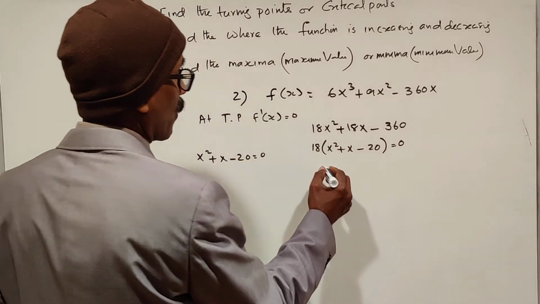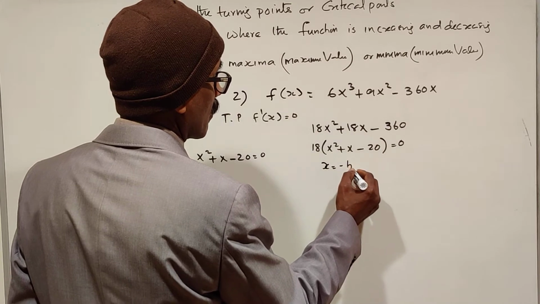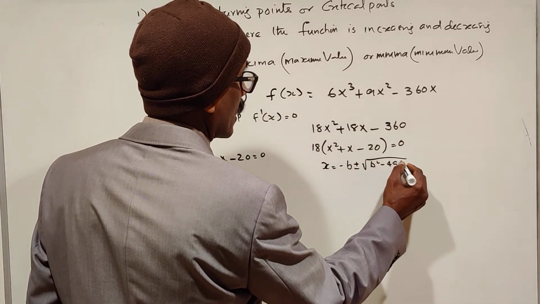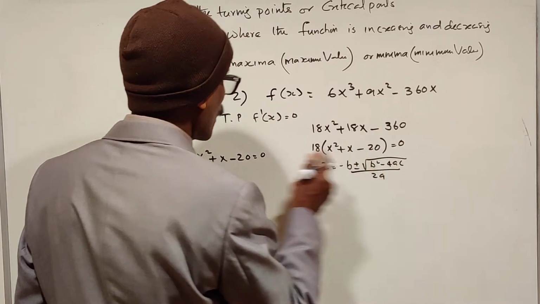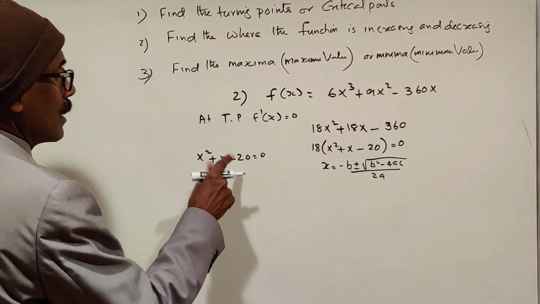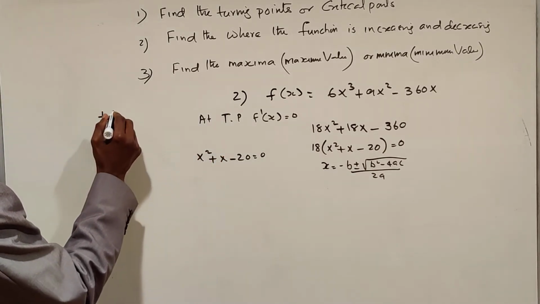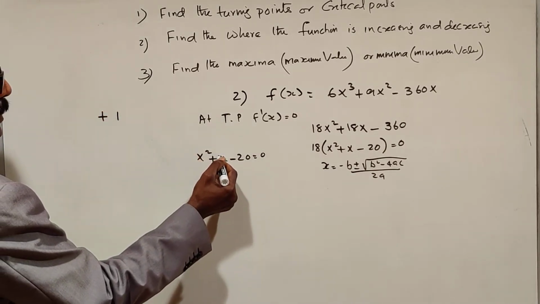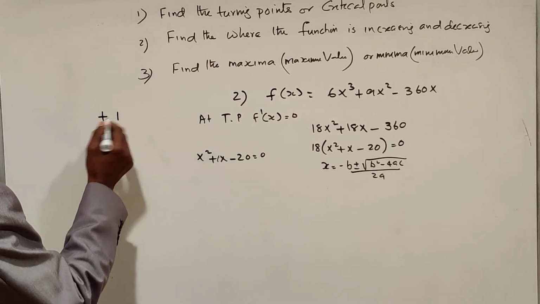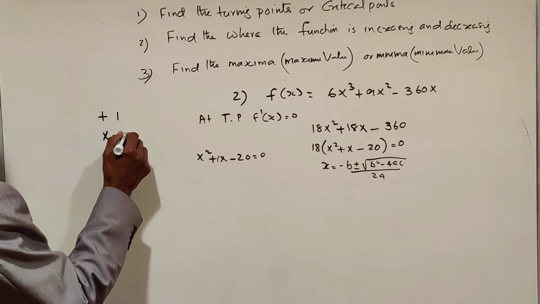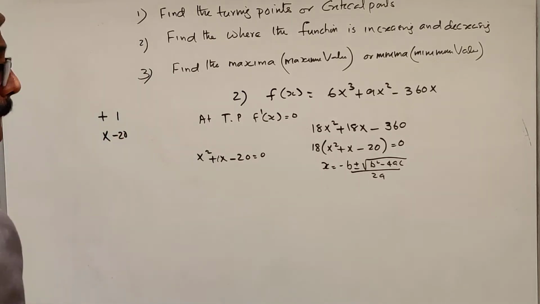Just apply the formula x is equal to minus b plus or minus root of b square minus 4ac divided by 2a, or the factorizing method. When you add two numbers, you need to get 1, the coefficient of x. And when you multiply those two numbers, you need to get minus 20. What are the numbers?